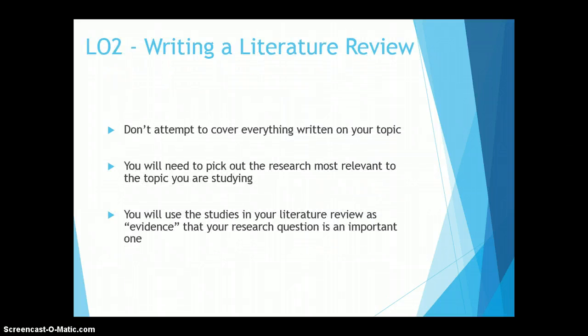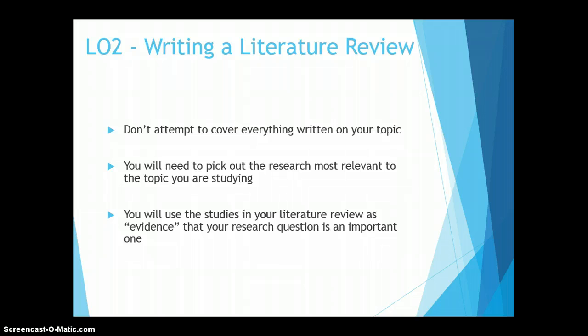So, writing a literature review. It's a difficult process in the sense that you have to write concisely and you have to get a lot of information into what is generally quite a short word count. So it's important that you don't try to cover everything written on that topic.